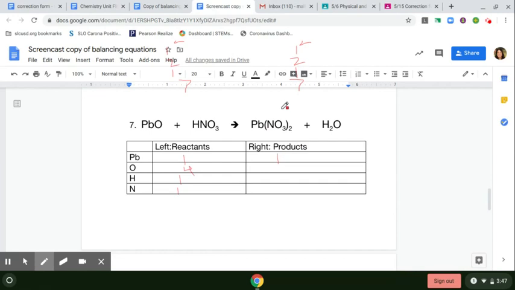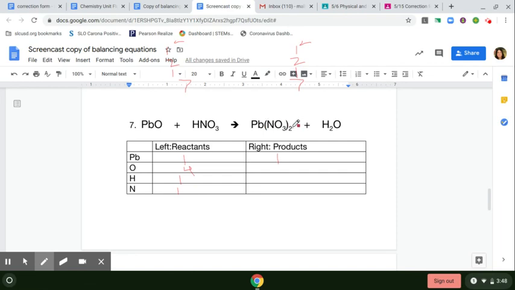Now this we haven't really talked about, but if you use the same ideas that you do in math, then you might know that you should multiply everything inside of the parentheses. So this 2 means that there are 2 molecules of this NO3. So it's going to be a little trickier to count it up.